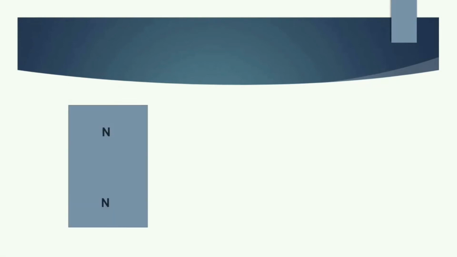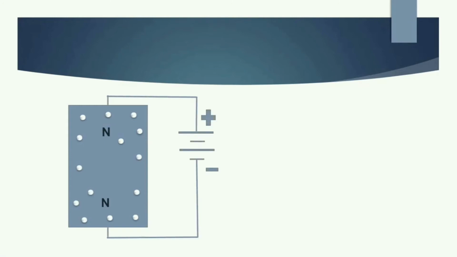Let's take one bar made of N-type semiconducting material. Now, as we have seen earlier, N-type material will be having electrons as majority charge carriers. Now, if we connect this bar with a battery like this, then the electrons, being negative charge particles, will move towards positive terminal of the battery.